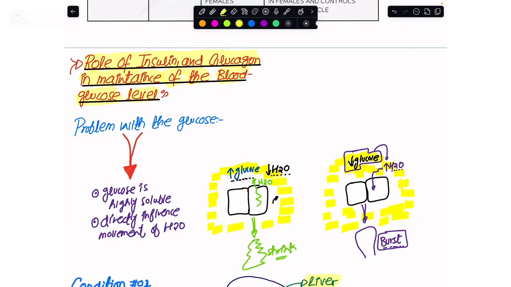If you recall, in the previous class we discussed what chemical communication is, how it is brought about by hormones, and how hormones have an impact on different body parts. Now we will look at two major hormones that are important in blood glucose maintenance: insulin and glucagon.